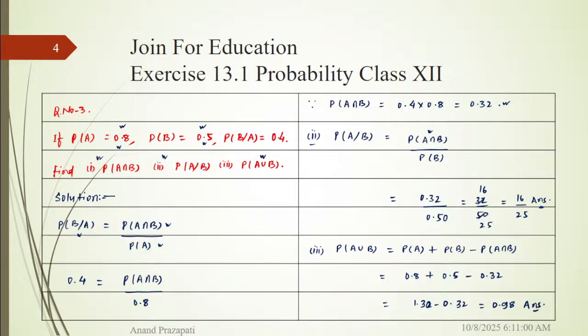So this is the solution of the first part of question number 3, this is the solution of the second part, and this is the solution of the third part. Hope that there is no problem to understand the solution of these three parts of question number 3.